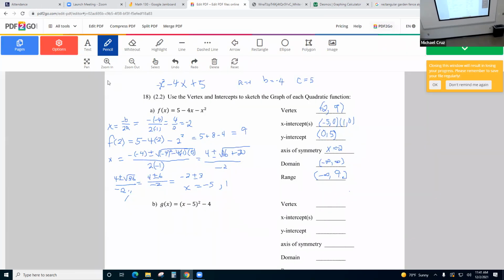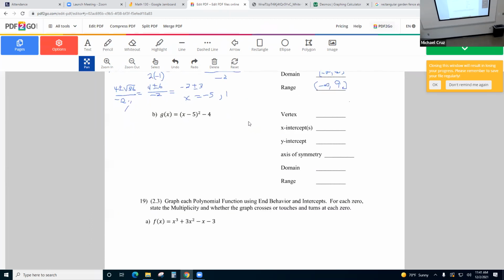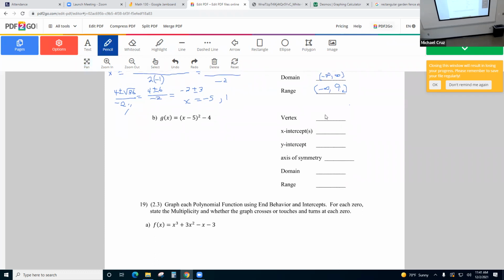All right, this right here is in a different form, so this should be easier for the most part. So the vertex is 5, minus 4. Okay. That means the axis of symmetry is also 5.